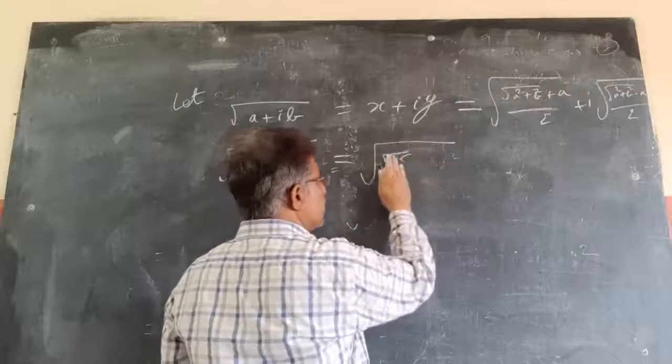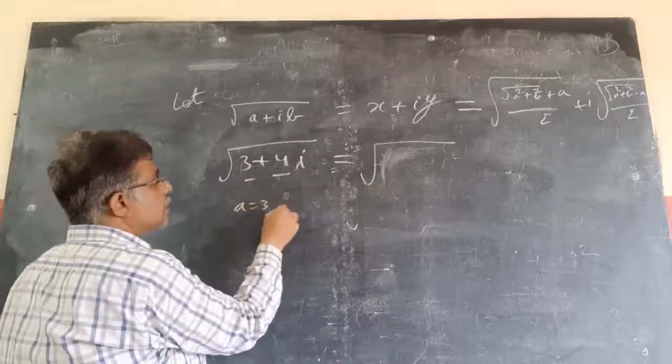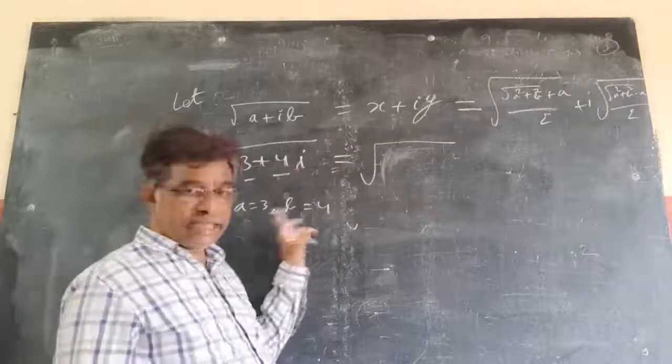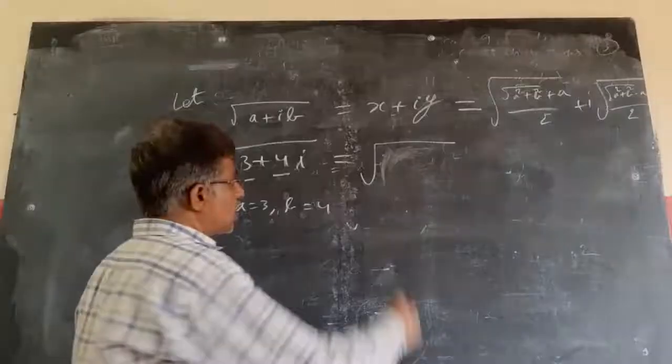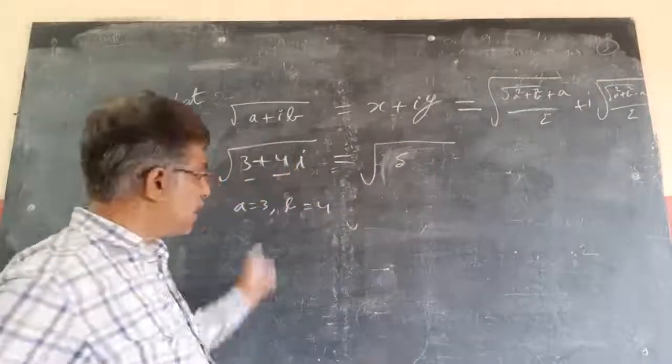Here a equals 3, b equals 4. So root of a square plus b square is 9 plus 16, which is 25, and root of 25 is 5. First write down the formula and substitute these values.